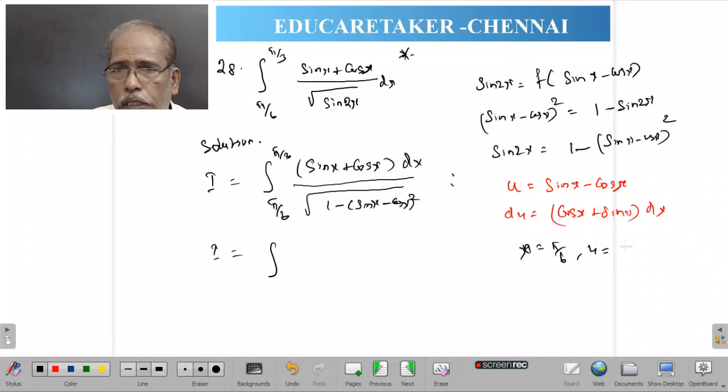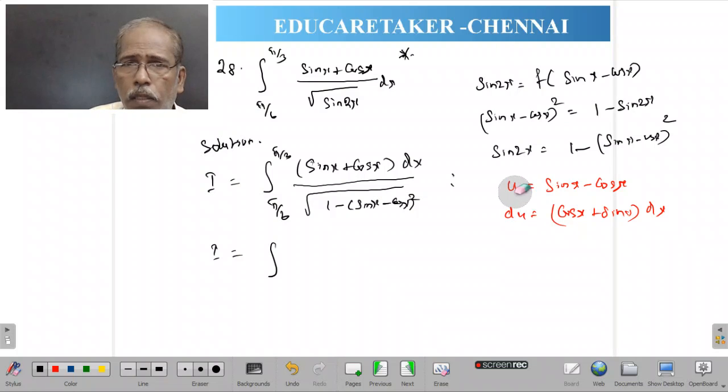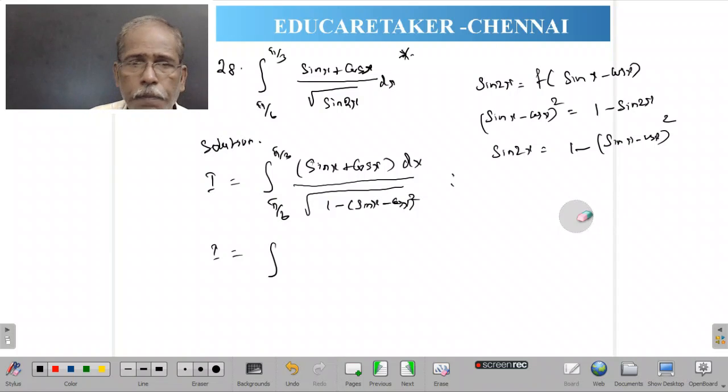Sin pi by 6 is 1 by 2 and cos pi by 6 is root 3 by 2. So 1 by 2 minus root 3 by 2 is a combination of rationals. So better, you can avoid the substitution.